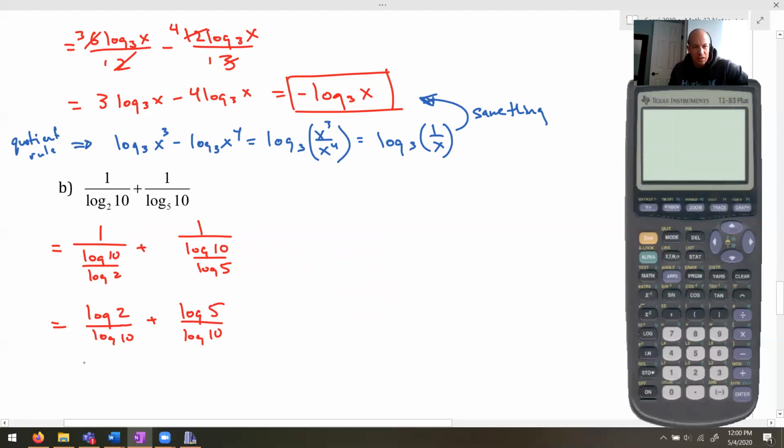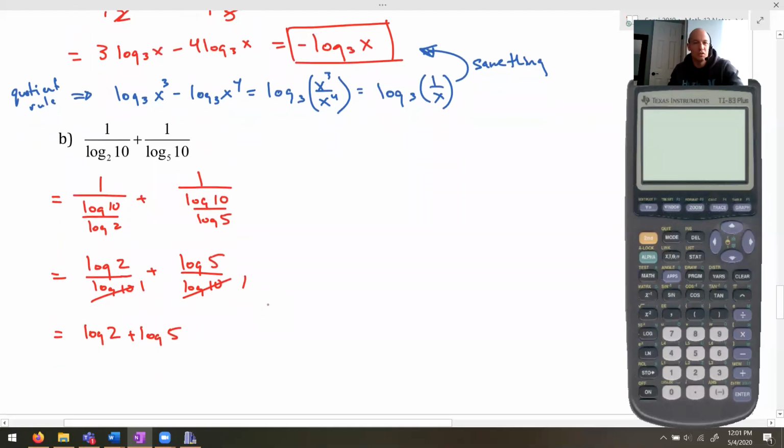Now, it turns out that at any point, if you can evaluate the logs, you should. Log 10 is 1, and so is this one. So this actually becomes log 2 plus log 5. Now I have no idea what log 2 is or log 5, but if you notice these are both the same base logs. They both have no coefficients, so we'll use the product law.